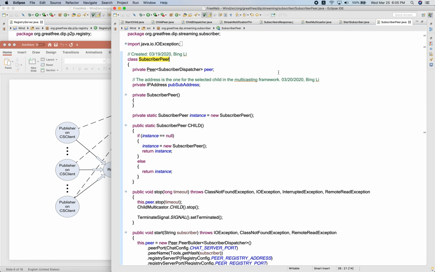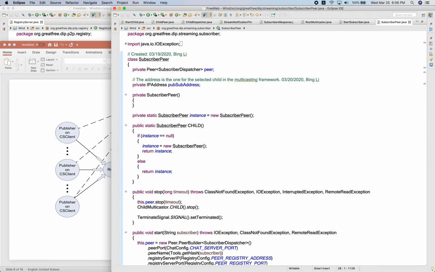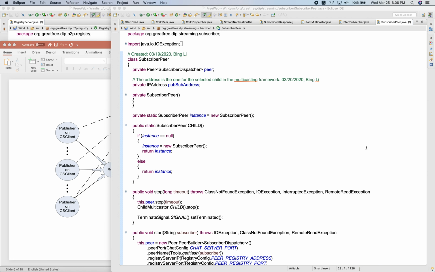This is the subscriber, right? The subscriber should be a peer, since it needs to perform multicasting. It is possible that a lot of subscribers are interested in one particular stream, so the subscriber needs to become one distributed node in a hierarchical broadcasting structure.